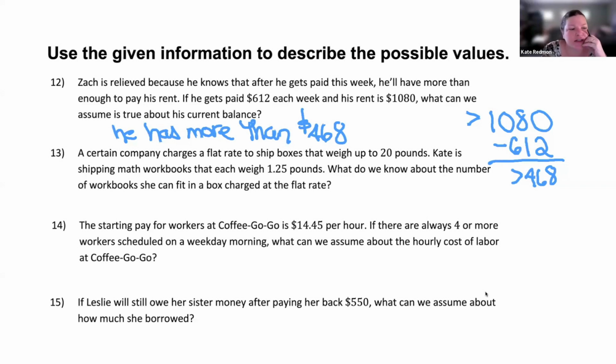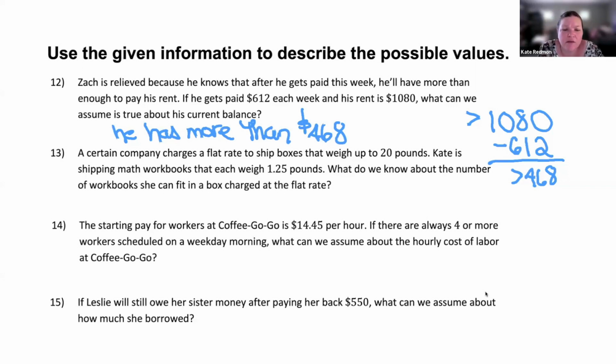Now you can try the next 3 by yourself if you'd like, kind of reason through it and puzzle through it, but we can do it together as well. 13, a certain company charges a flat rate to ship boxes that weigh up to 20 pounds. Kate is shipping math workbooks that each weigh 1.25 pounds. What do we know about the number of workbooks she can fit in a box charged at the flat rate?